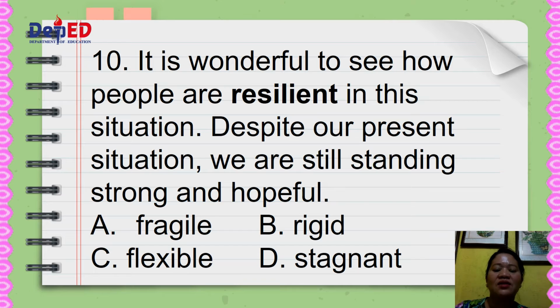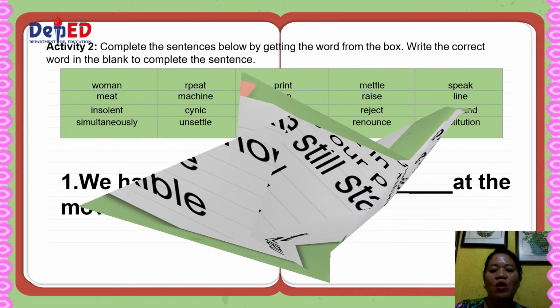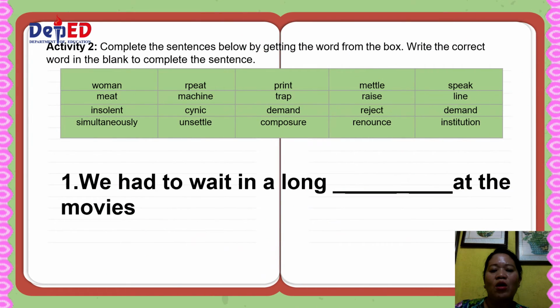Despite our present situation, we are still standing, strong and hopeful. Resilient means A. Fragile, B. Rigid, C. Flexible, or D. Stagnant. Okay, let's see. All for activity number 1.